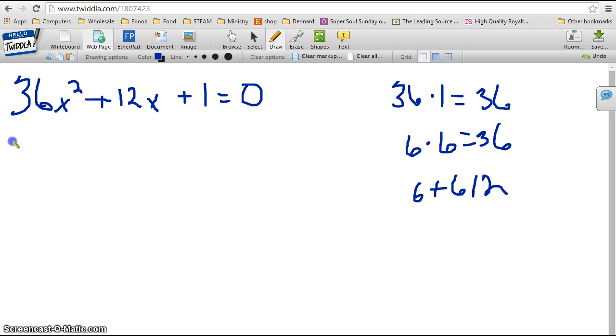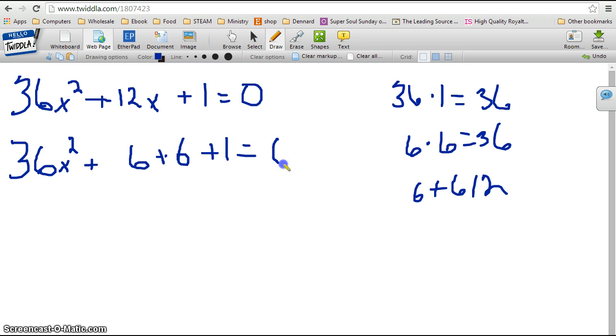I'm going to rewrite it as 36x squared plus, and I'm breaking the middle number out, 6x plus 6x, plus 1, just bringing down this 1, equals 0. Now 6 plus 6 is going to give me 12, but it is not going to give me 12x, so I have to make sure I'm bringing down these x's.